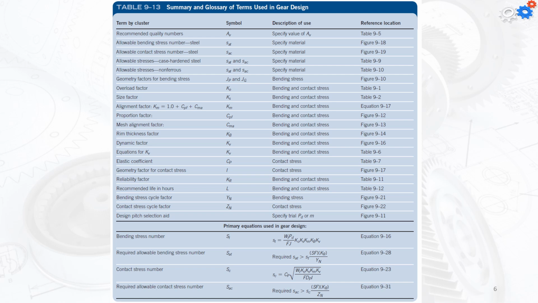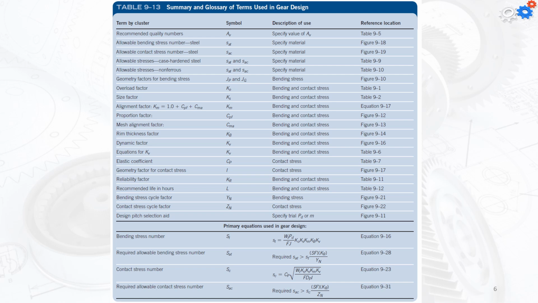The allowable stress for the case hardened steel, and the symbol for that is going to be the SAT or the SAC, and we need to specify the material first and then use table 9.9. The allowable stress for the non-ferrous material can be found by using table 9.10.